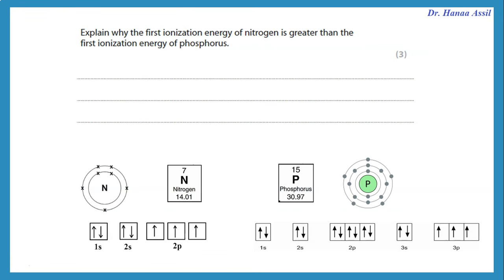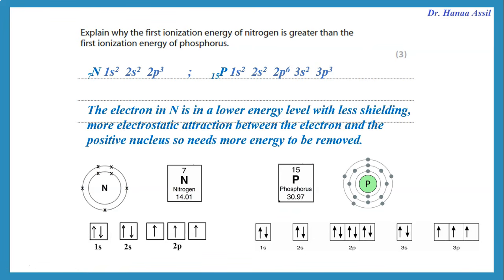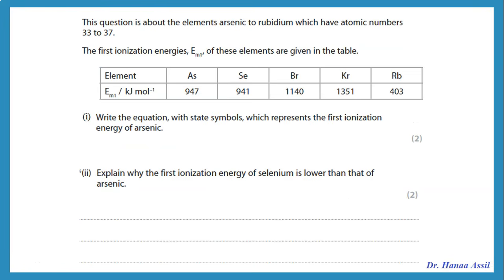So if we're comparing nitrogen to phosphorus, this is because the electron we're removing from the nitrogen is from a lower energy level, less shielding, more attraction forces between the electron and the positive nucleus. So this needs more energy to be removed. Are we following? Okay.